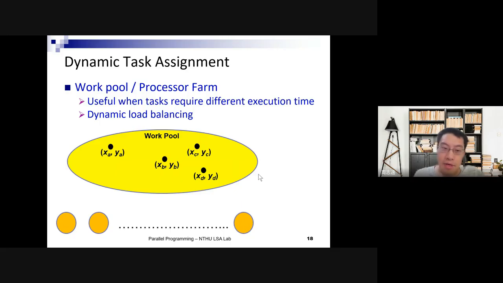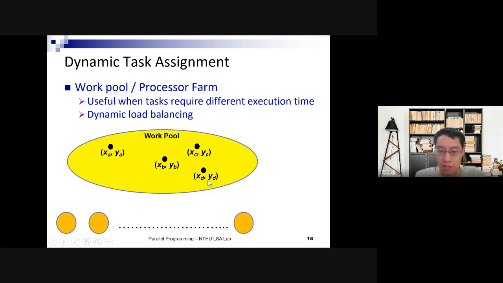But for MPI, you have to implement everything by yourself. So for the homework, you have to practice how to implement it using MPI. But the concept is not too difficult. The concept is pretty simple.